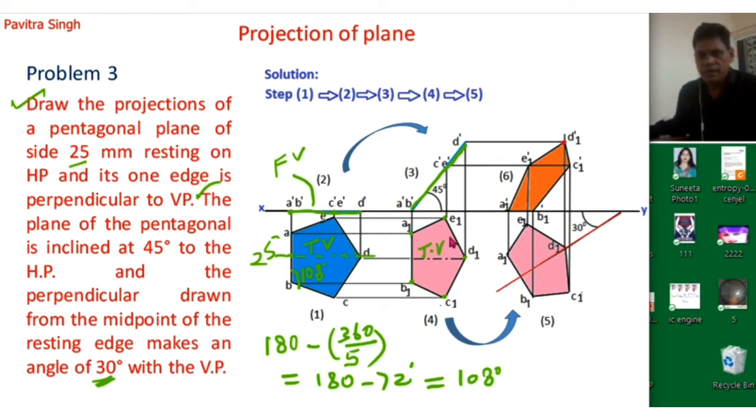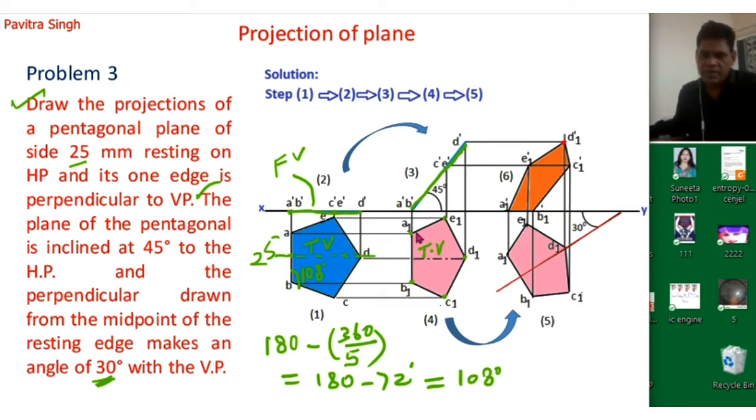We will leave some space and reconstruct this plane here, but the condition, as per the given problem, is that the perpendicular is drawn from the midpoint of the resting edge.